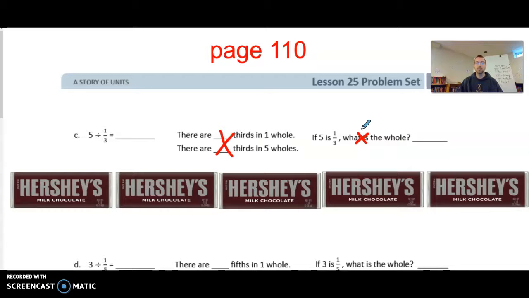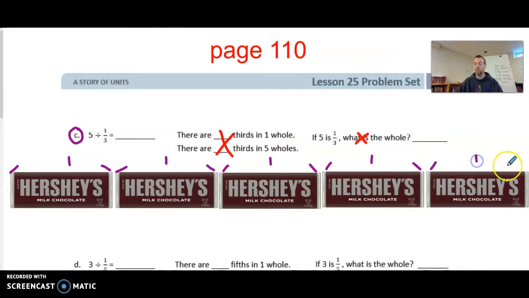So in this particular problem, in letter C on page 110, we have 5 wholes, and we're breaking them up and dividing them into thirds. So here's my 5 candy bars, right? And I'm going to label my candy bars as one whole. All good mathematicians label their models. Right?